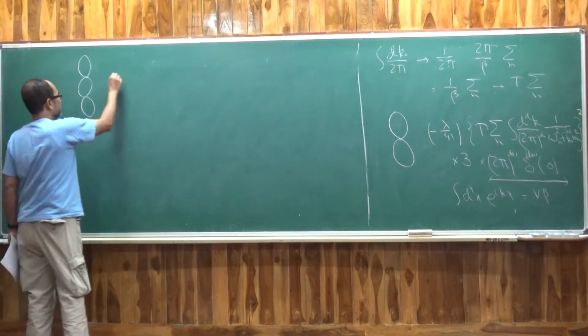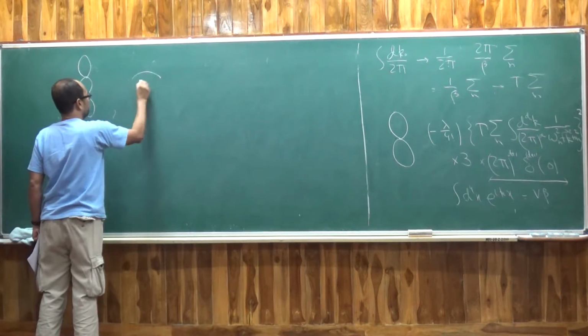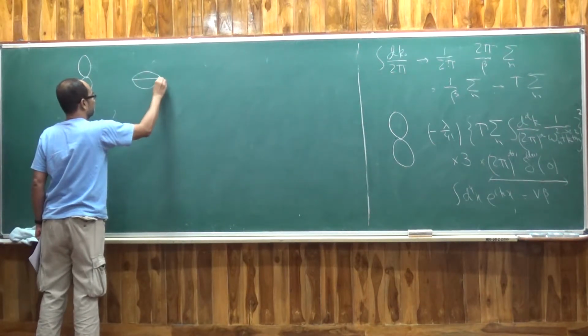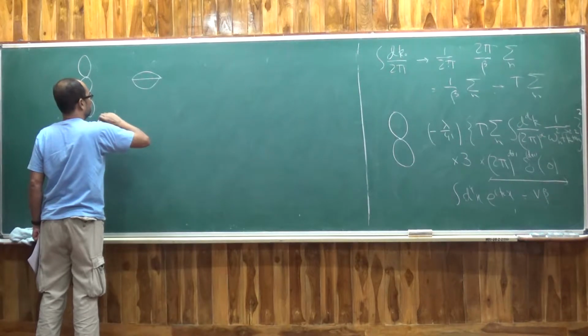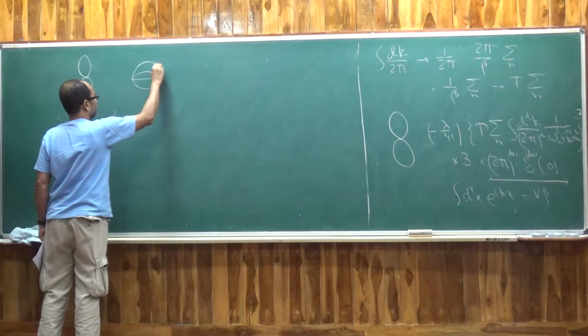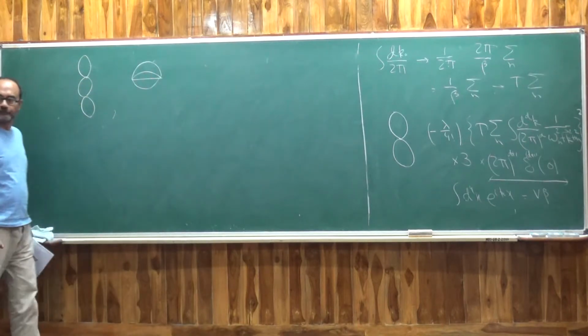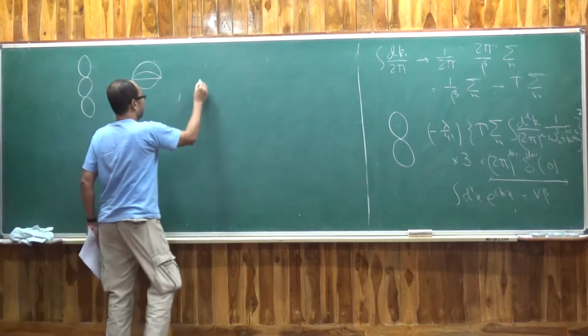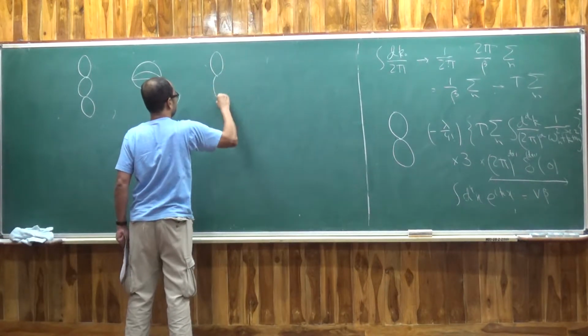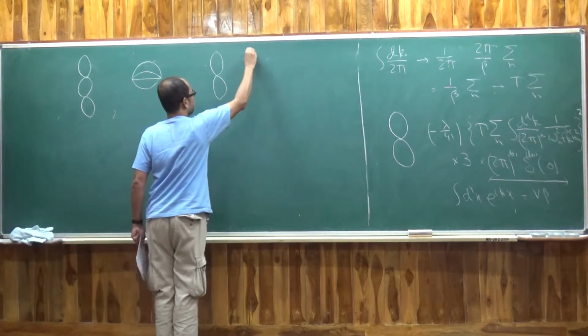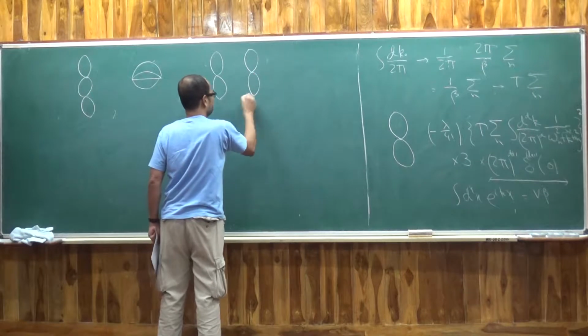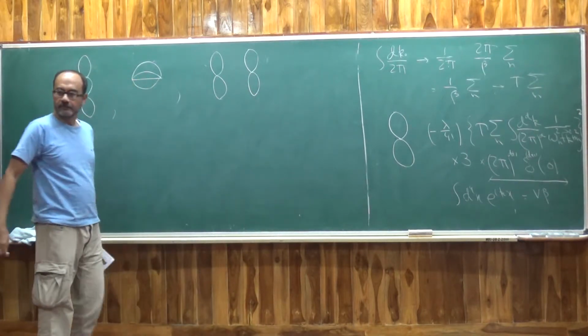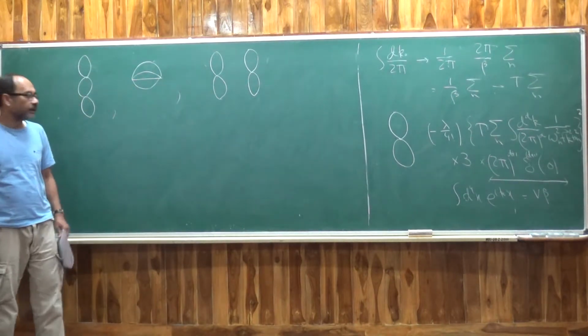There are diagrams like this, which is lambda square, but there are also diagrams like this, which is also order lambda square.